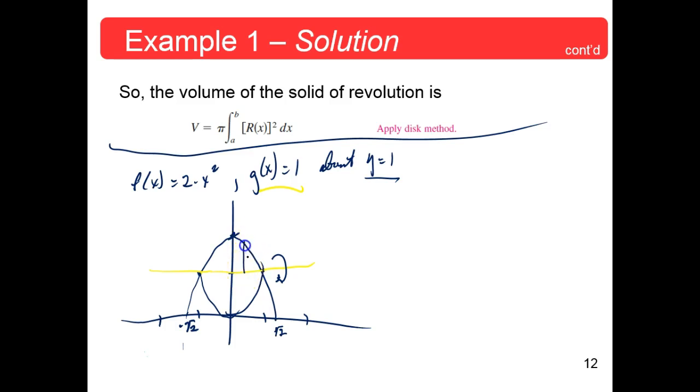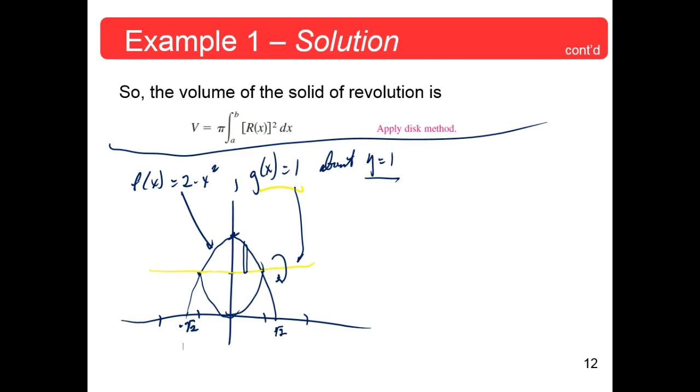Now, here is our little rectangle. What is the length of that rectangle? It's not fixed, because here it's 0 and then it goes up like this and comes back down.